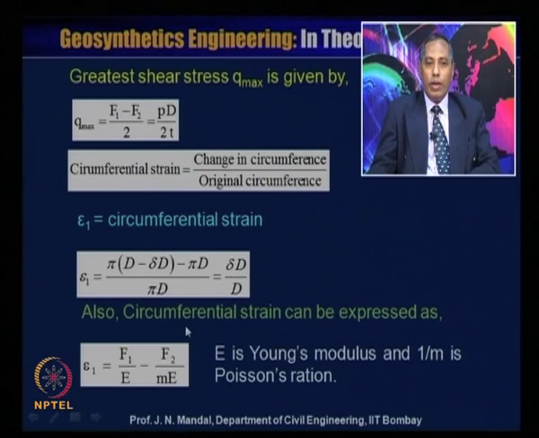Also, circumferential strain can be expressed as epsilon 1 equal to F1 by E minus F2 by M into E, where E is the Young modulus and 1 by M is the Poisson's ratio.